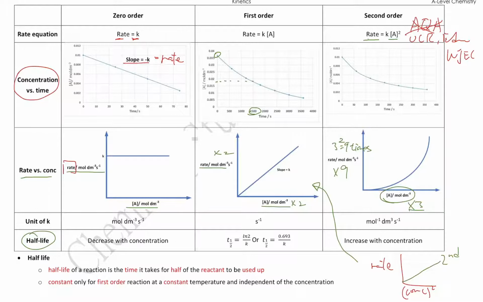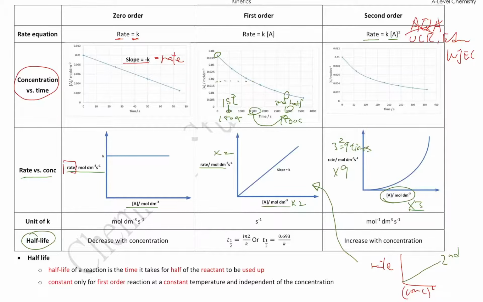Then if here is 0.018, the next half will be 0.009. At this point it is 3,000. But for the half-life we only consider from this point to this point, so it's another 1,500. That means from the result, the first half-life is here and the second half-life is here, and they have a constant half-life. Once you can deduce from the graph a constant half-life, then you can say it is first order.